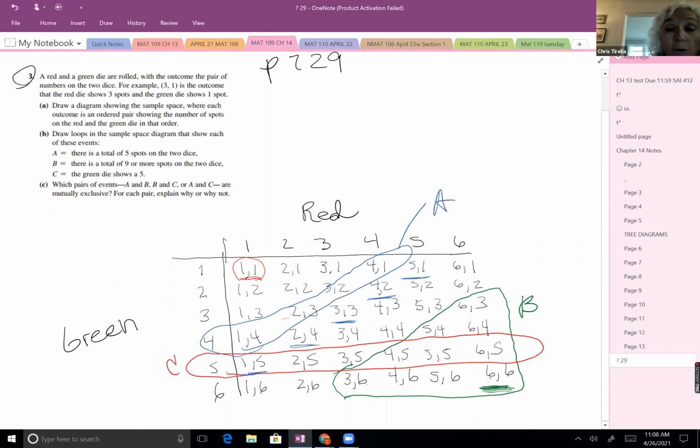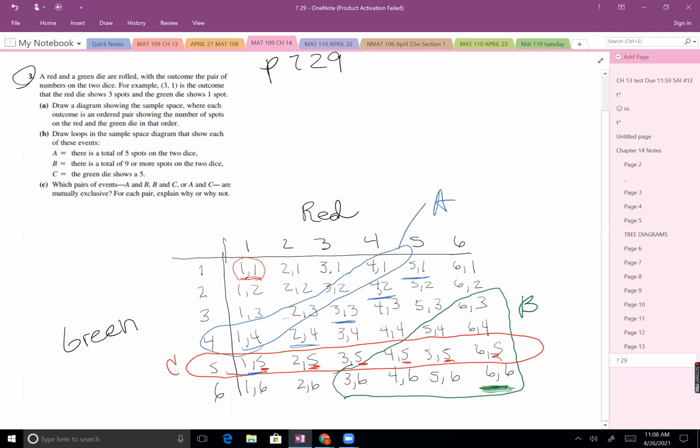All the ones above it would add up to 8 or smaller. And C asks us to show the ones where the second die is 5, so those are all the ones where that second number is 5. A little bit better? Yes, thank you.